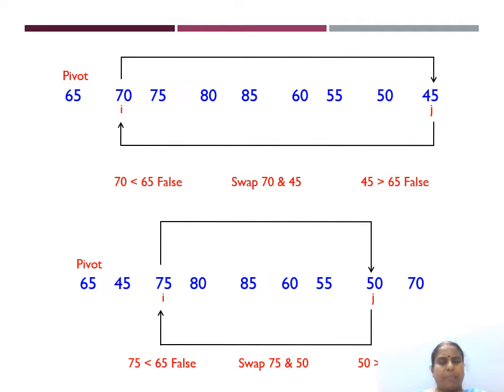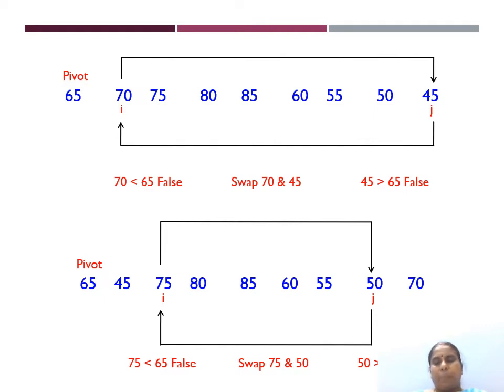When we compare, the element at I is not smaller, so it is greater. Always the greater value should be moved to the right and the smaller value should be moved to the left. That's why we are verifying this condition. Now 75 is greater than the pivot value, so I is not moving forward, it is stopped here. The position of I is now 3.